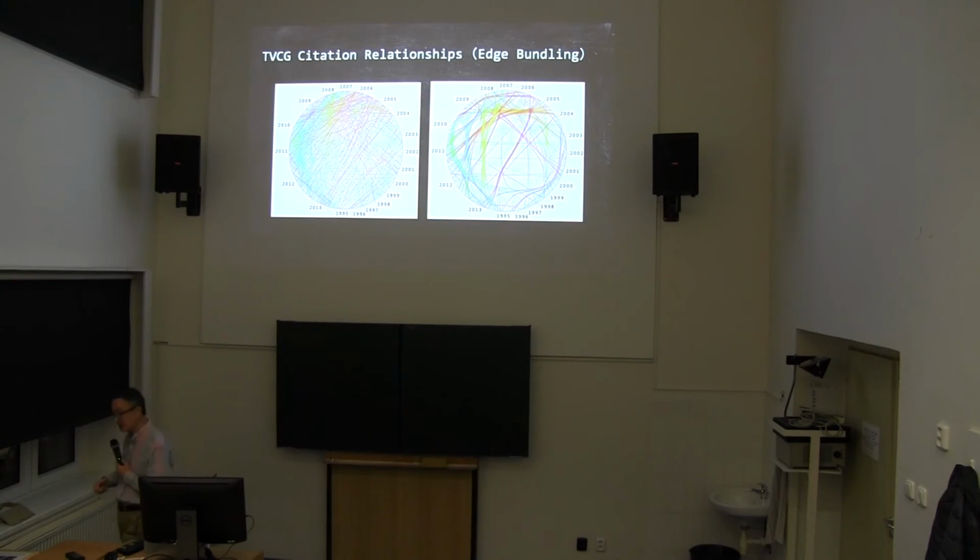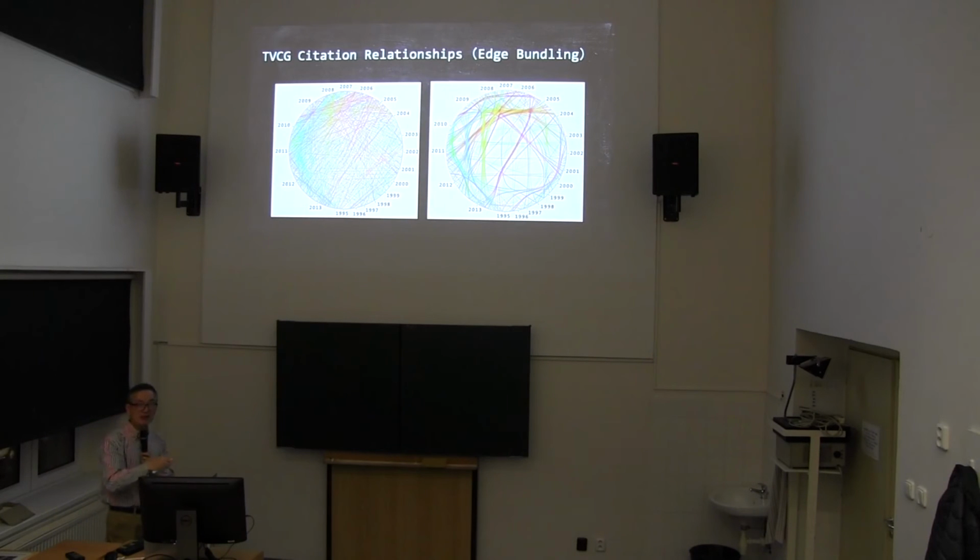And this is another application. This is a top journal, the IEEE Transactions on Visualization and Computer Graphics, and the citation relationship. If a paper from 2008 cites a paper from 1996, there is a link. Again, this graph doesn't show anything. If we bundle the edges, you can clearly see certain patterns.